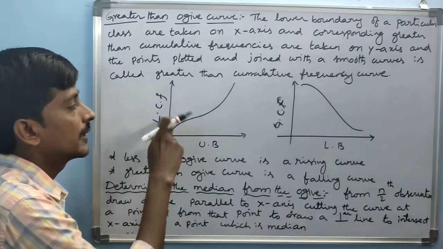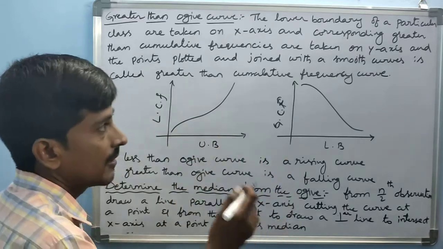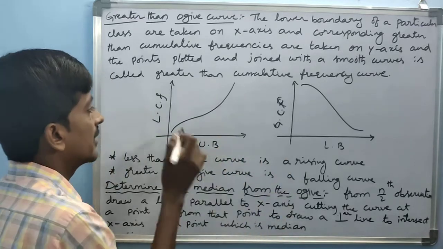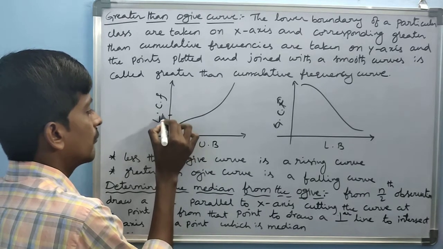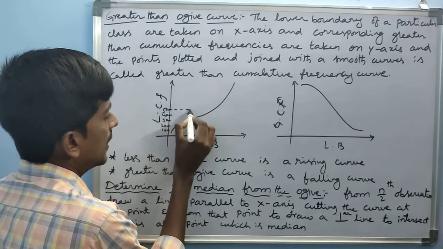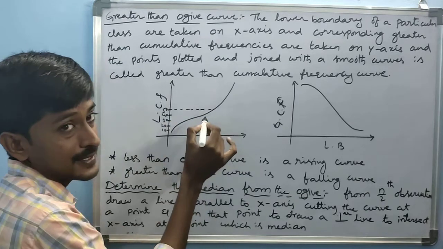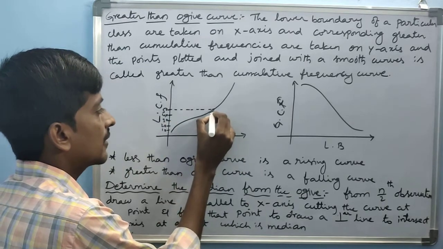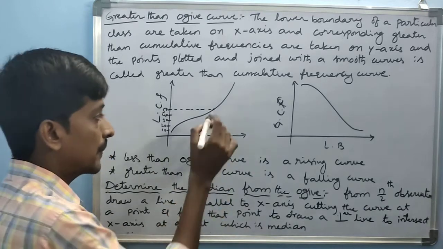For example, here the frequency is 100, so n/2 means 50. Draw the line parallel to the x-axis. It intersects the less than type curve here, and from that point draw one perpendicular line.